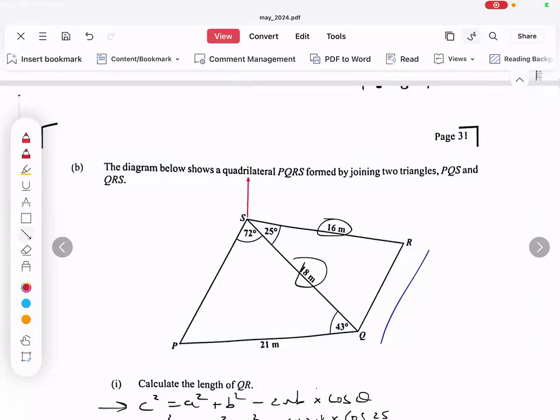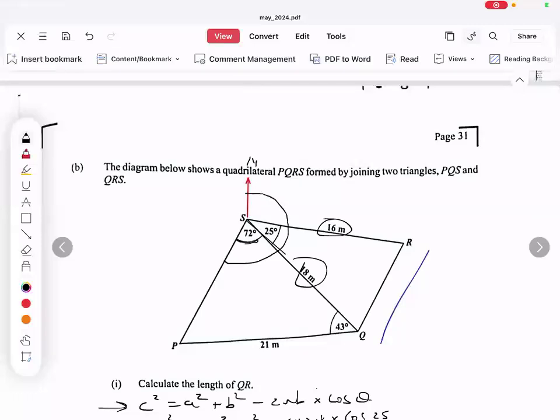So they're telling us the bearing of P, so we need a north line. Remember, a bearing is measured in a clockwise direction. So we know this is north, and the bearing coming all the way around is 205, all the way around to P. Notice with the lines on the diagram, the 205 gets cut up into small portions.